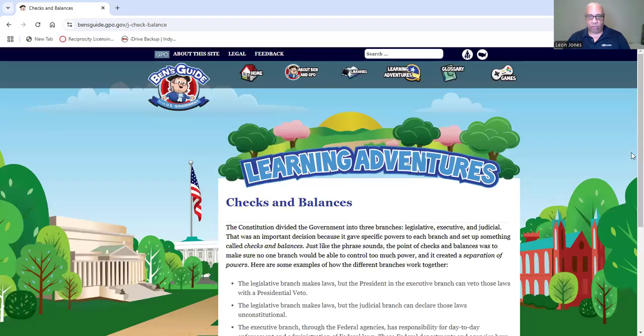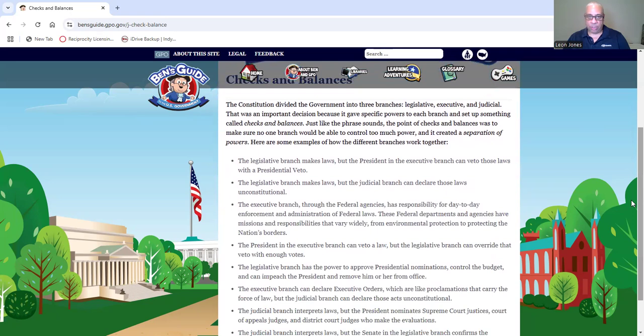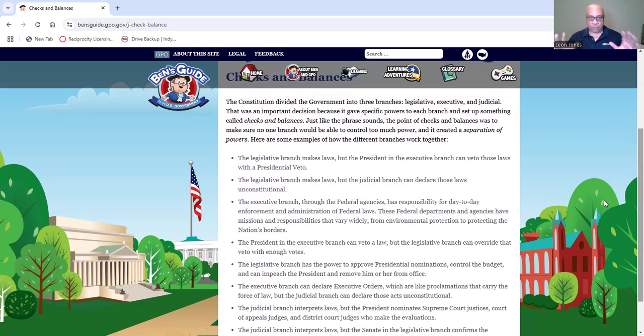And as we get into the checks and balances, again, as I said before, the Constitution divided the government into three branches: legislative, executive, and judicial. This was important because it gave specific powers to each branch, and it set up something called checks and balances.